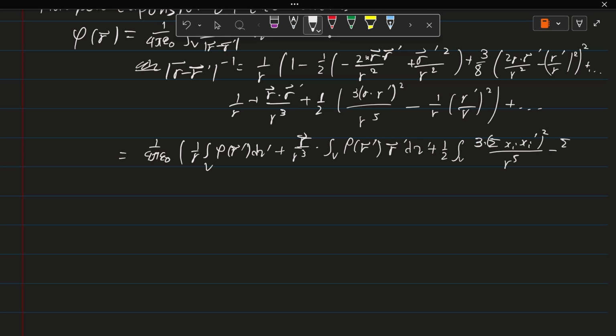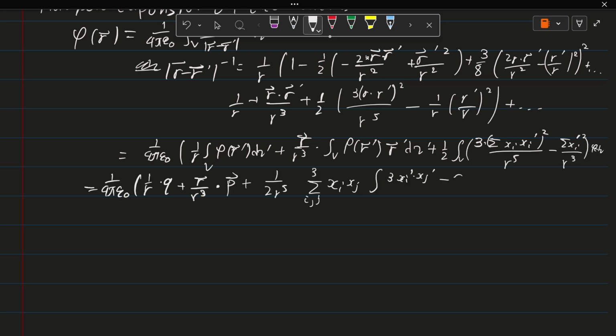Subtract this by the sum of x_i prime squared over r cubed, which is the same thing, minus the Kronecker delta of ij times r prime squared, of rho dv prime. And this is our Q. So this is the quadrupole tensor.